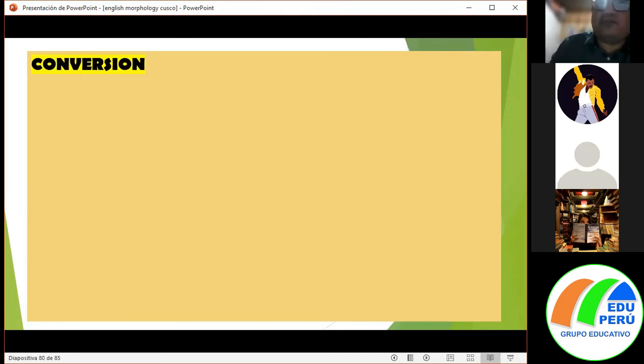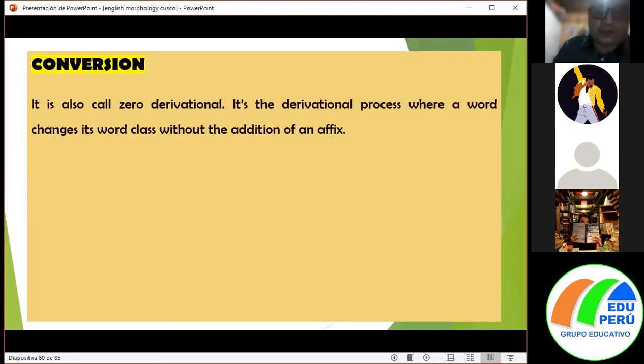Conversion. What is conversion? Notice here, and this is also very particular in English. It is also called zero derivation or zero morpheme. You can look it up in a book. We use zero morpheme because it doesn't have a representation. The morpheme is there, but you cannot see it.